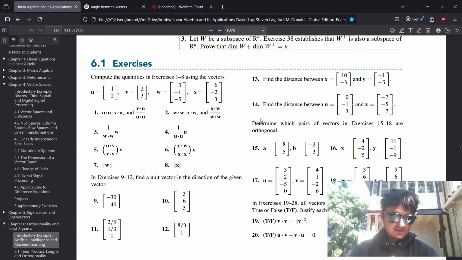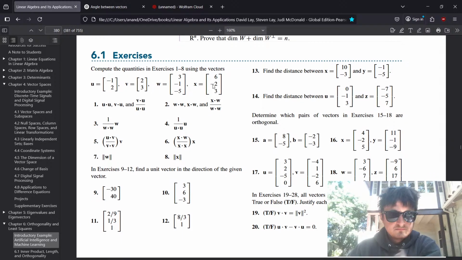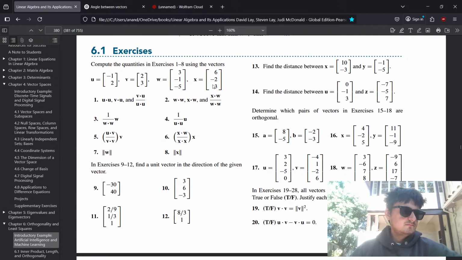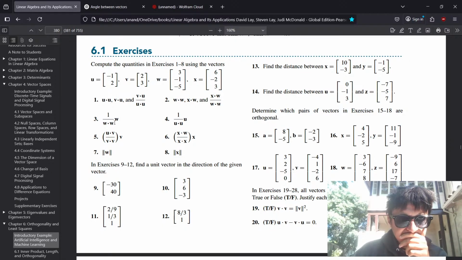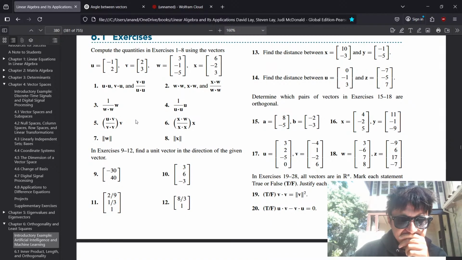All right, we can read through these exercises, but I'm hoping to get done with these ones pretty quickly today. Compute the quantities. I don't know if we need to do that. Find a unit vector. I don't know if we need to do that.